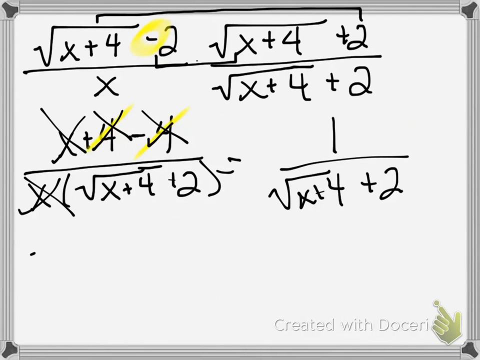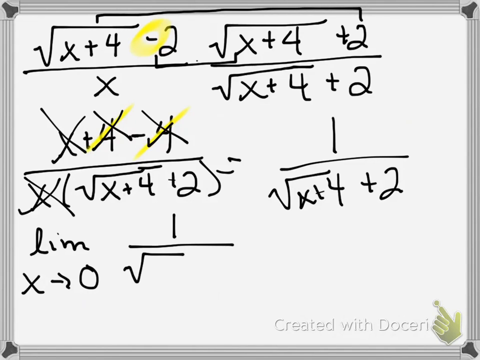Now if we go back and look at our limit, which was as x approaches 0 of our original function, now we can plug it in. So we get 1 over the square root of 0 plus 4, plus 2. So that limit ends up being 1/4.